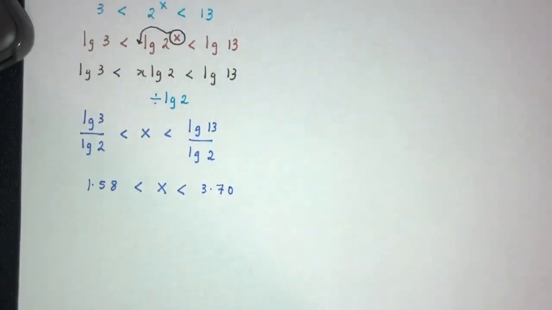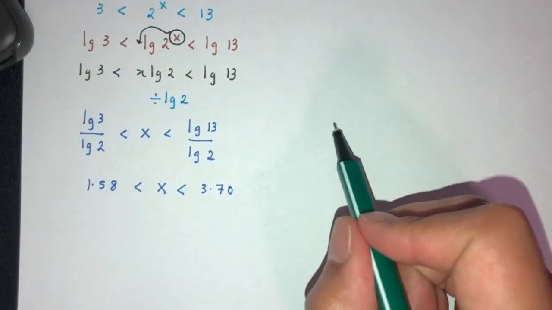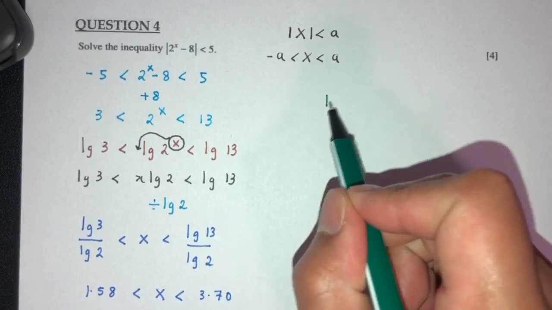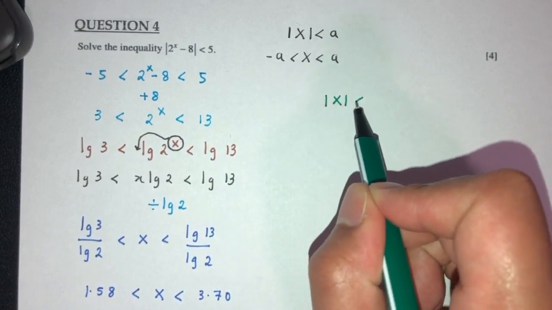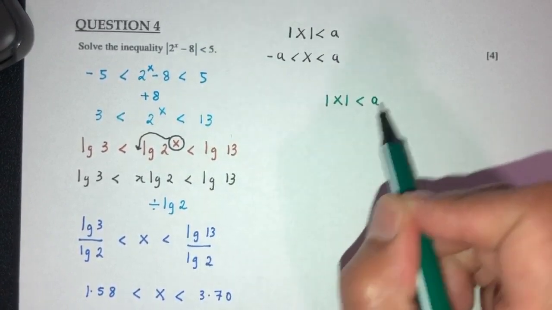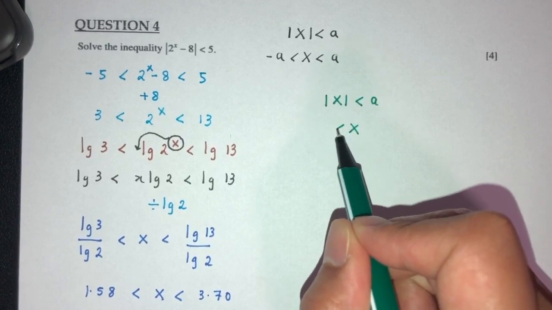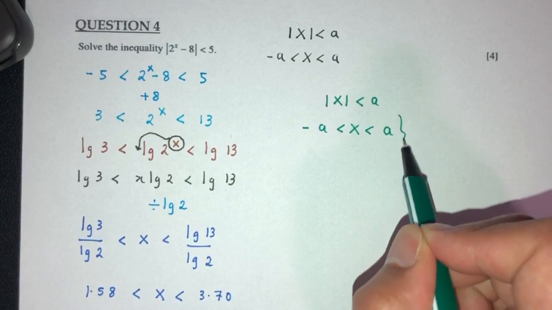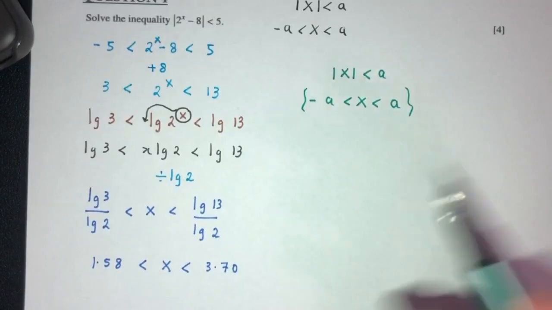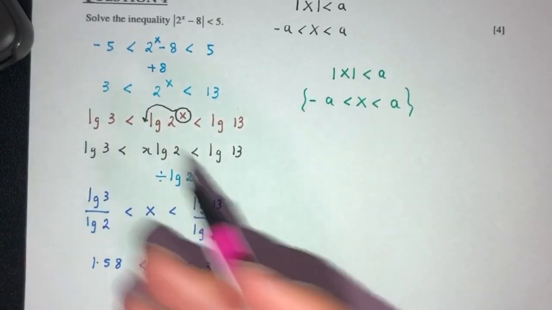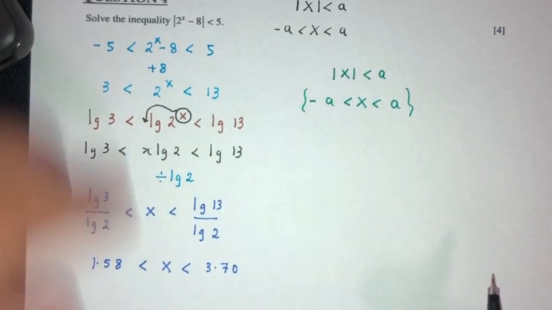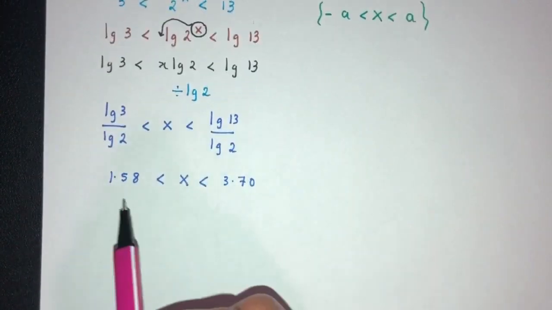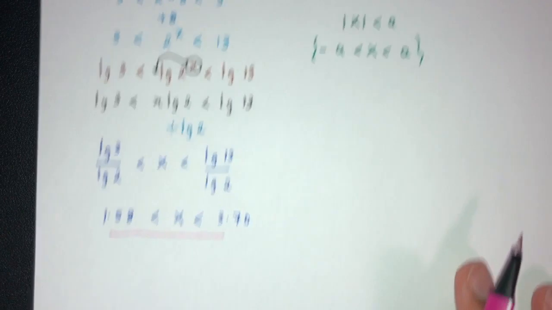As you can see, we used this principle right here: when you have modulus on one side, less than a constant on the other side, we can break it down as x in the middle, between minus a and a. That's the main point of the question. And then, of course, using the rules of log to help us find the answer in the end. That's your question number 4.